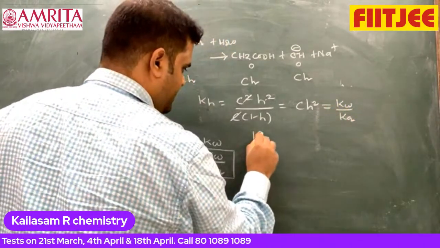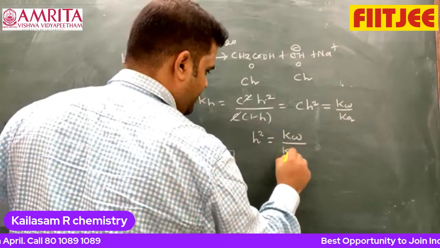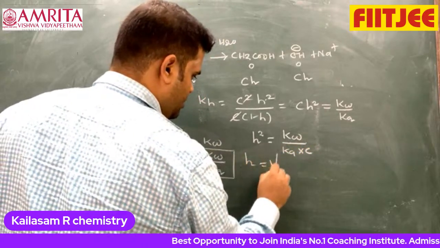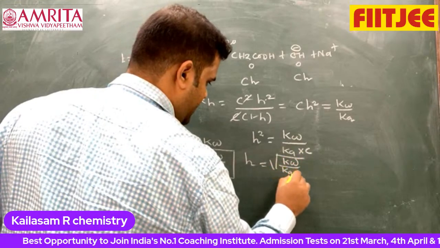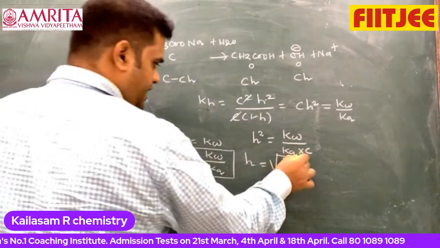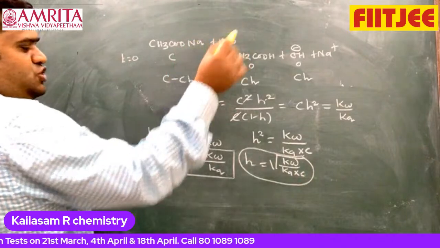Therefore h squared is equal to Kw by Ka into C, so h is equal to root of Kw by Ka C. This is called the degree of hydrolysis for a combination of weak acid and strong base.